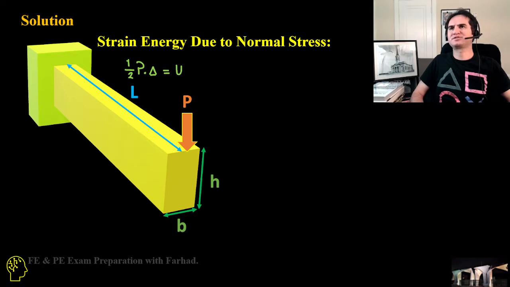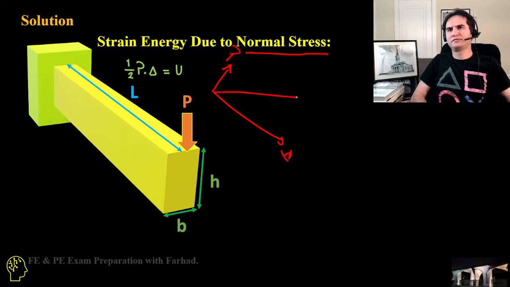First, strain energy due to normal stresses. We do know that U, the strain energy, is a half of P times delta, if you remember from a P-delta graph.